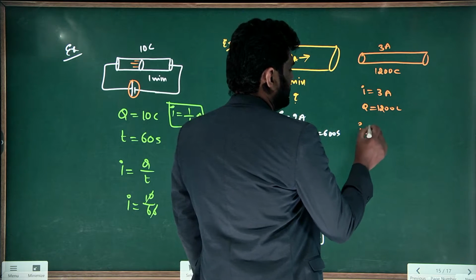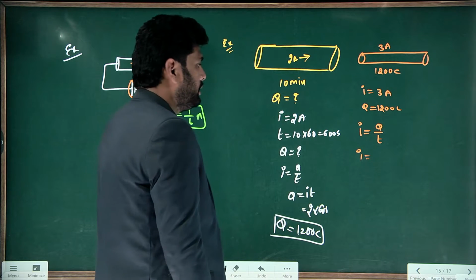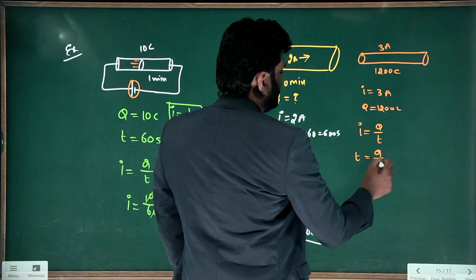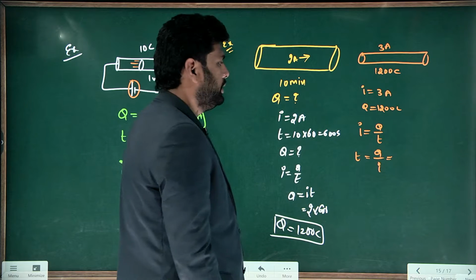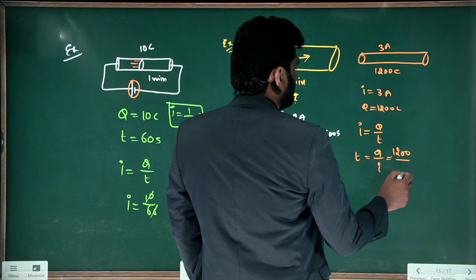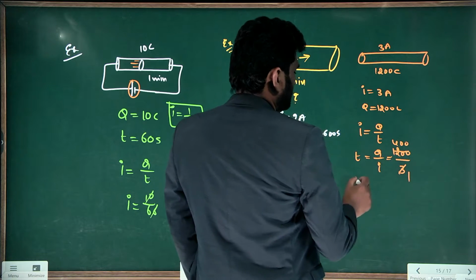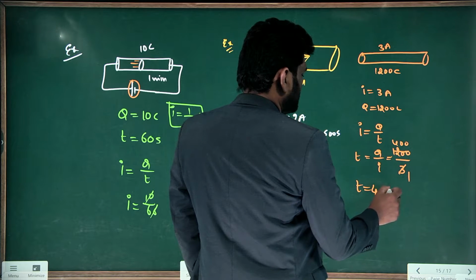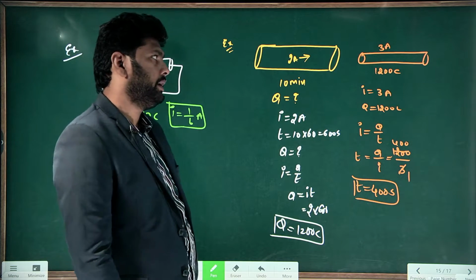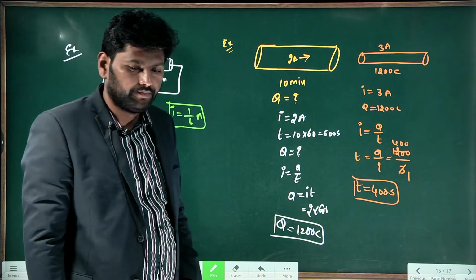So that is I is equal to Q by T. They are asking to find time, so time is equal to Q by I. The Q value is 1200 and the I value is 3. 3 ones are 3, 3 fours are 12. So 400 seconds is the time taken for 1200 coulomb to travel at 3 ampere.